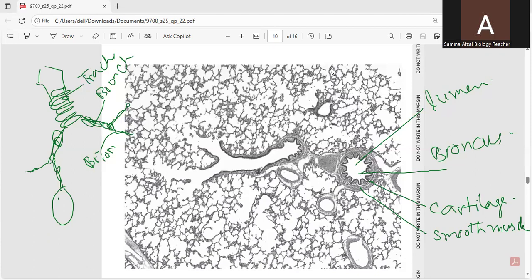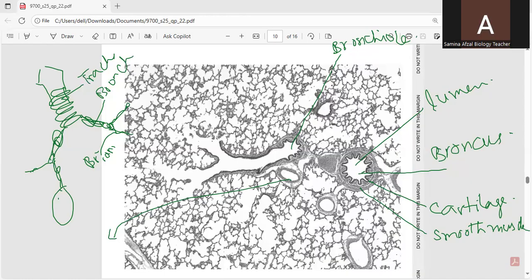Just like the bronchus, it further branches into the bronchiole. So this is the bronchiole. Then very close to the bronchiole, you can see a circular structure with a very thin wall, or a relatively thick muscular wall with an irregular or collapsed lumen.